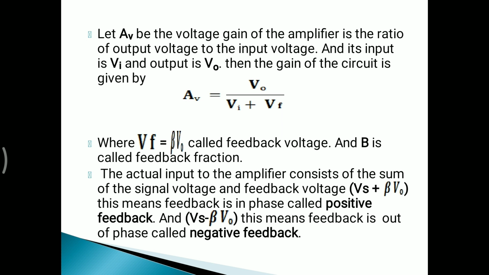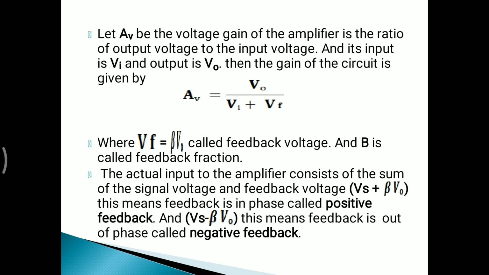Well, here I wrote Vi plus Vf because in feedback, the output signal is fed back through the feedback network and it adds up with the input signal of the amplifier. The input signal of the source is Vi, plus Vf, the feedback voltage.